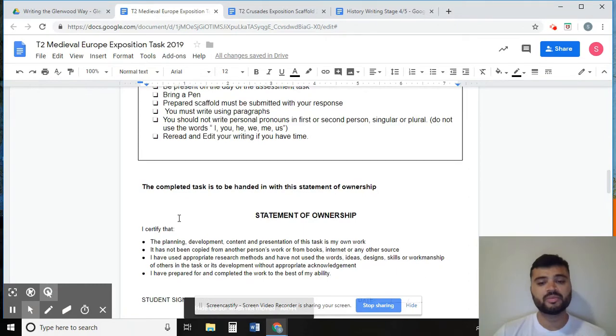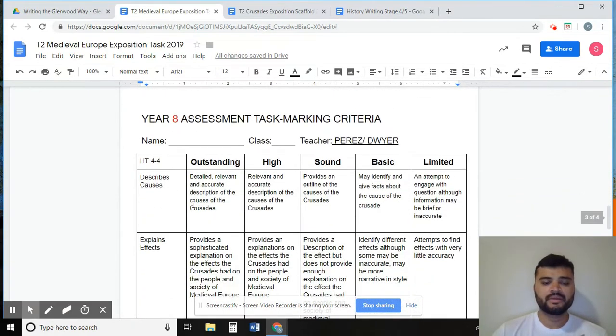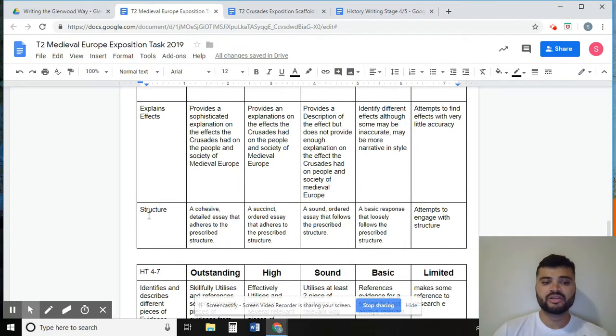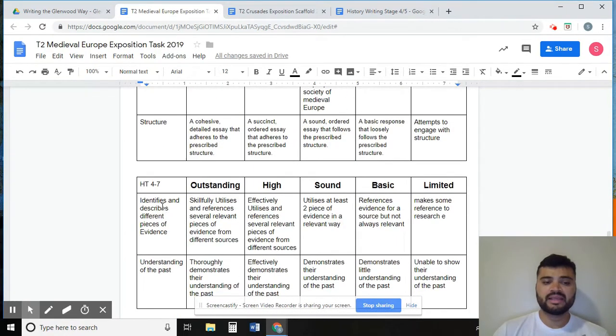Now, onto the marking criteria. In the marking criteria, it is broken up by your outcomes. We have describe the causes, explain the effects, the structure of your extended response, and then we have your ability to identify different pieces of evidence and showing your understanding of the past.